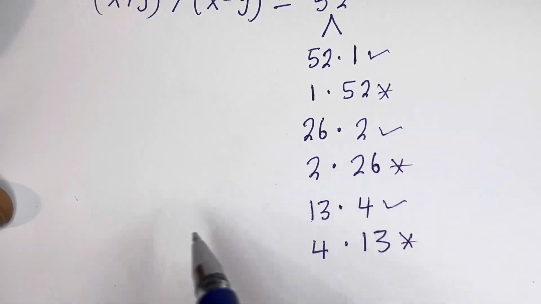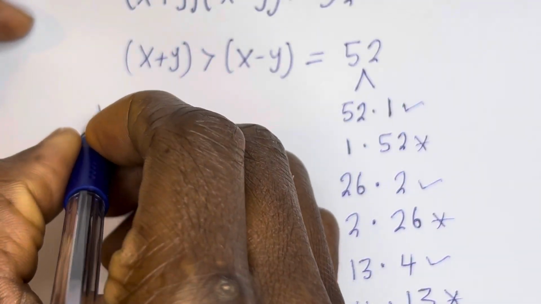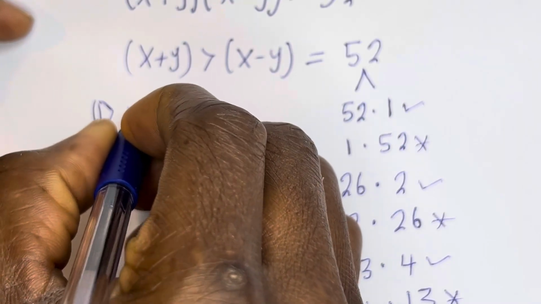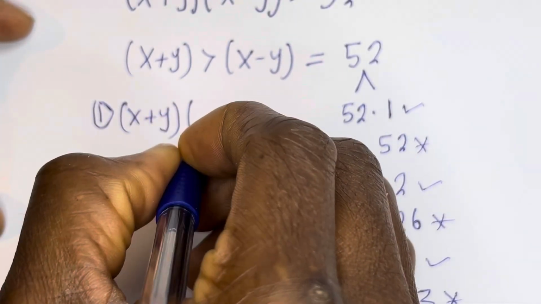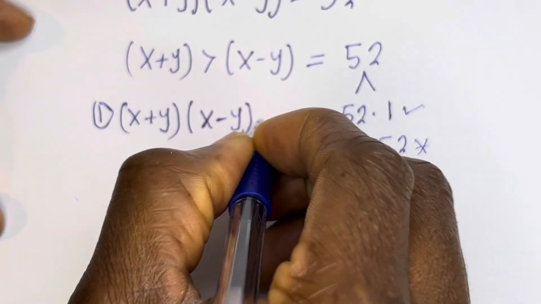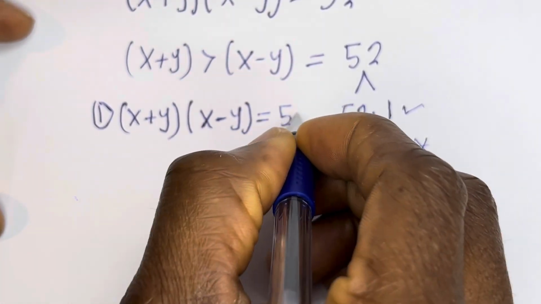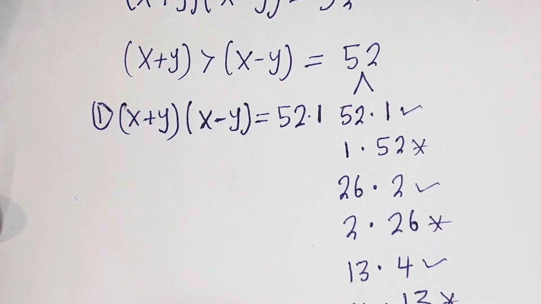We have how many cases? 1, 2, 3. Therefore, the equation becomes, the first case is (x plus y)(x minus y) is equal to 52 multiplied by 1.